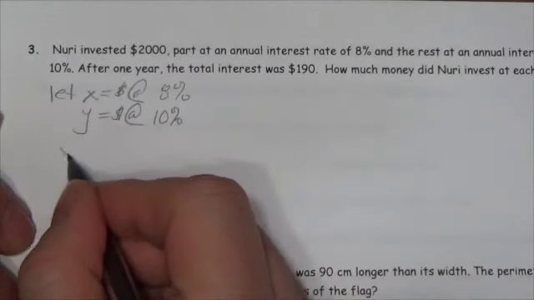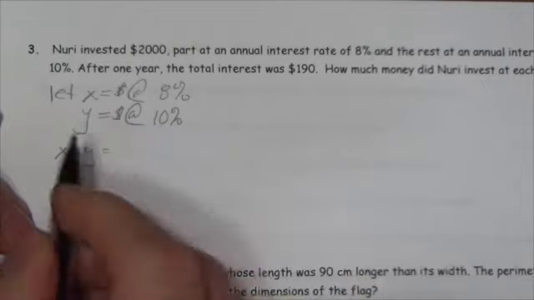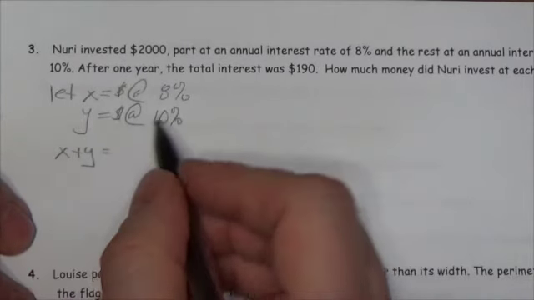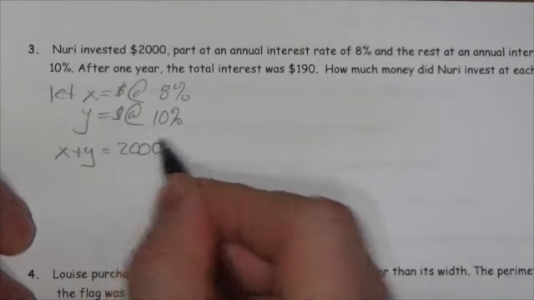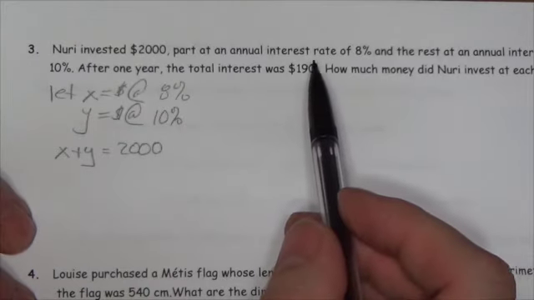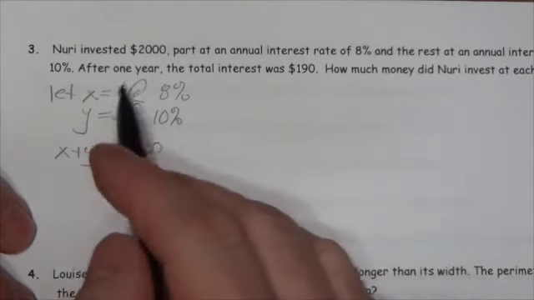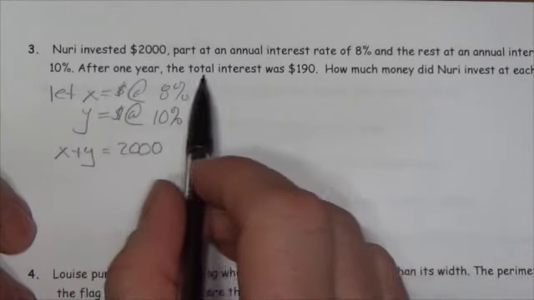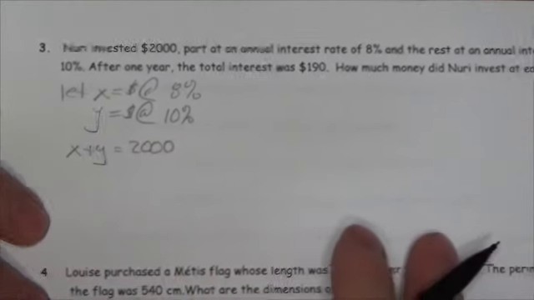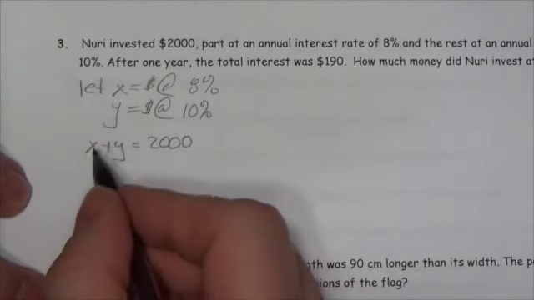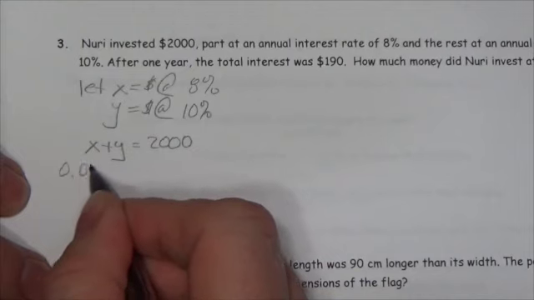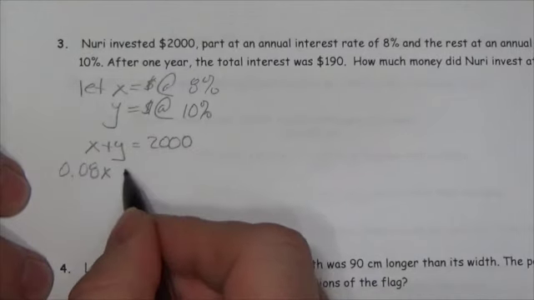So what we know is x plus y, the amount of money plus the amount of money, is going to equal the total of 2,000. Now, part of it went at 8%, part of it went at 10%, and after 1 year, the total interest was $190. The interest on that first bit is going to be 0.08x.